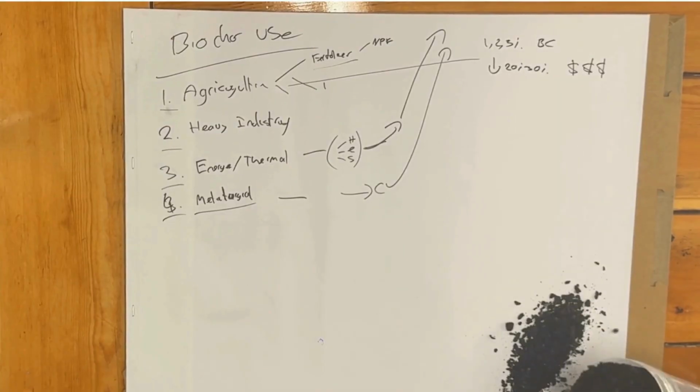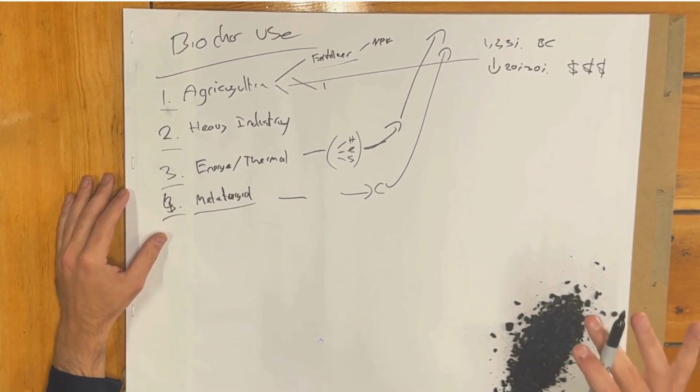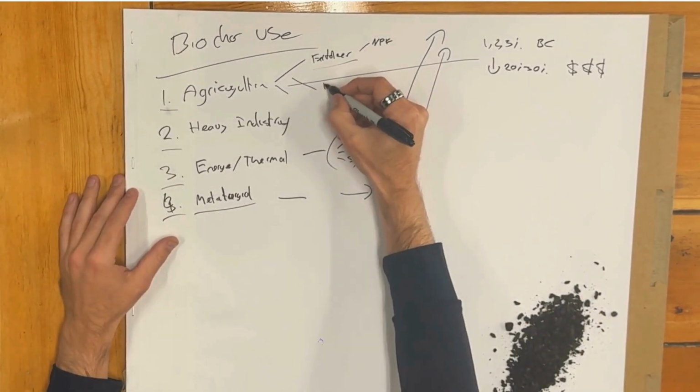There are a few others that I'll touch on, and this is things like greater water retention and lower water usage. When plantations or fields are watered, the biochar actually retains more water for a longer period of time inside the soil. So that has a lot of water benefits.